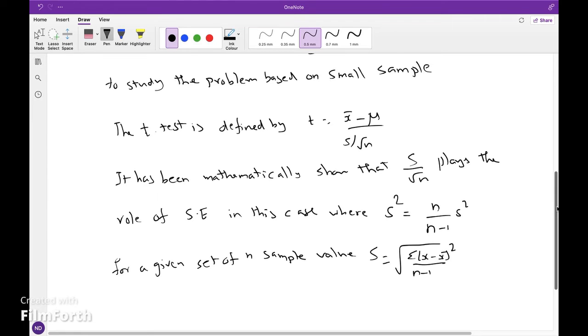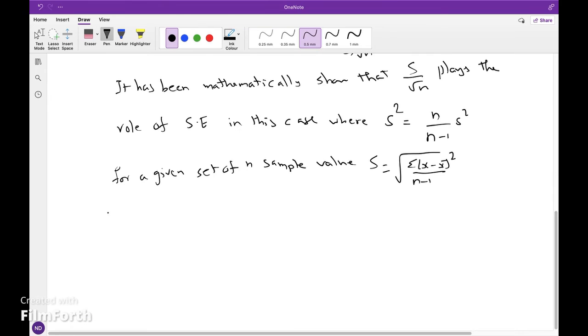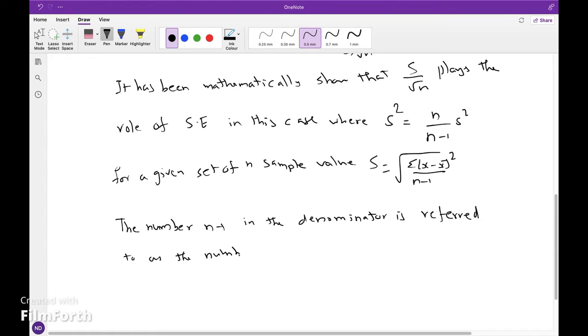The denominator n minus 1 is referred to as the number of degrees of freedom.